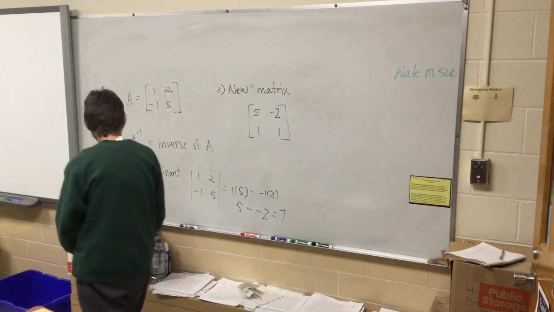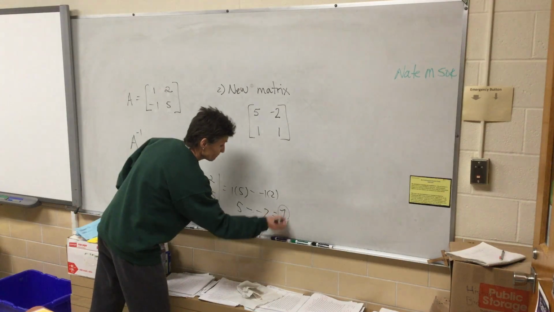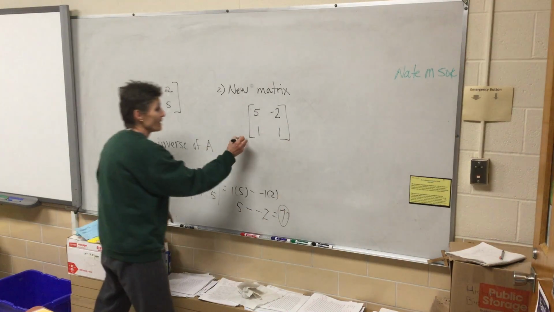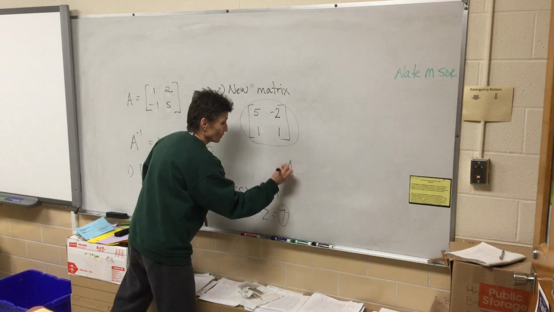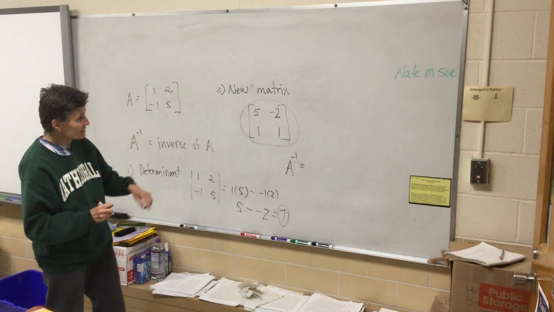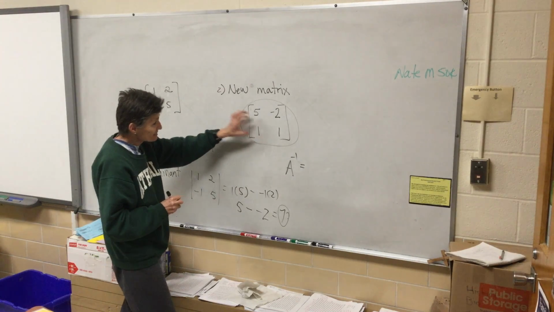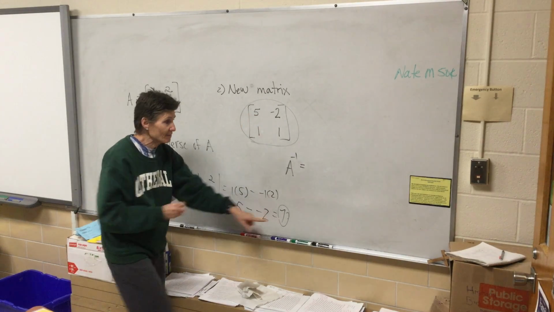So we have done both steps now. We have found the determinant, it was 7, and we've built our new matrix. Your answer will simply be all of these numbers right here, this new matrix, divided by the 7.